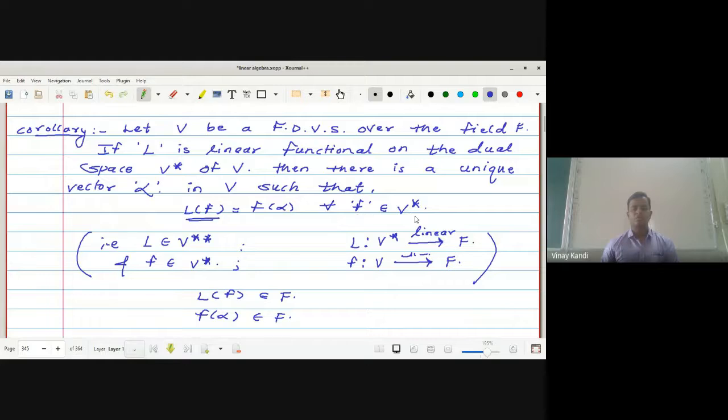If you put any f here, we get f of alpha, and that alpha is unique.